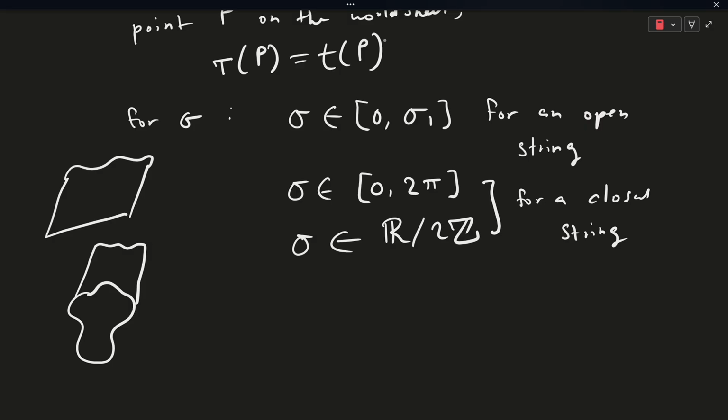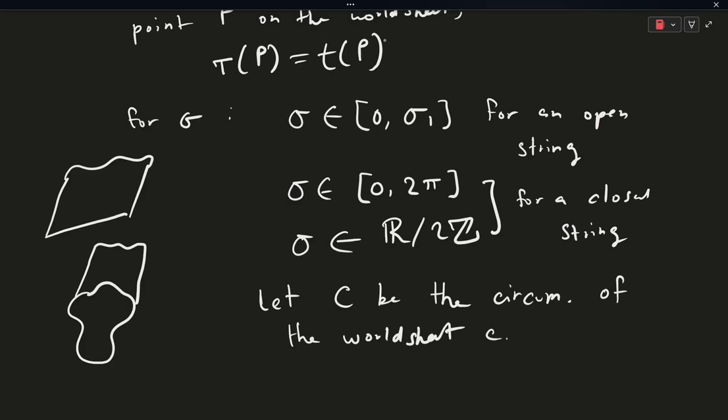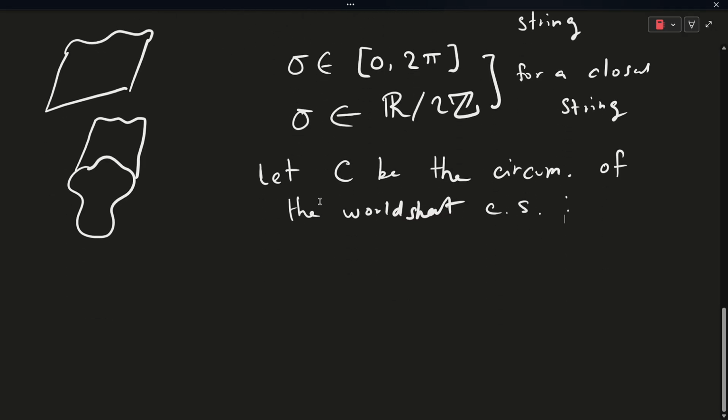To keep it topologically a cylinder, if I let C be the circumference of the world sheet cross section, then I need to make the following identifications.